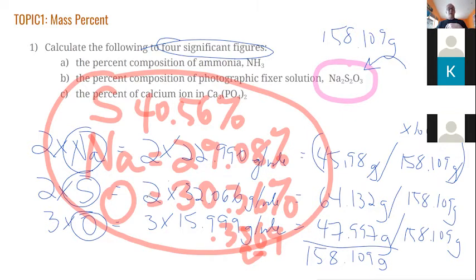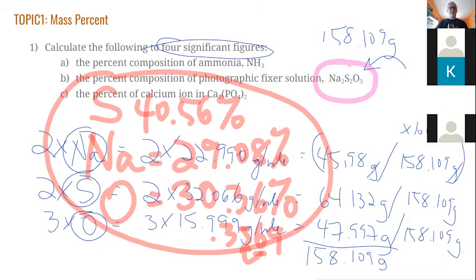When you have a question like that, the simplest thing to do is just assume that you've got 100 grams of it. Then you can turn these percentages into grams. So 40.56 grams of it is sulfur, 29.08 grams of it is sodium, and 30.36 grams of it is oxygen. And then from that, you work out the molar ratios.